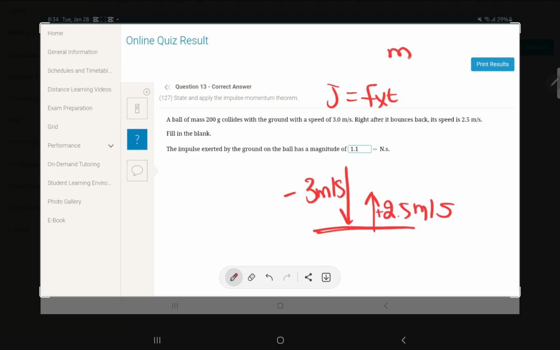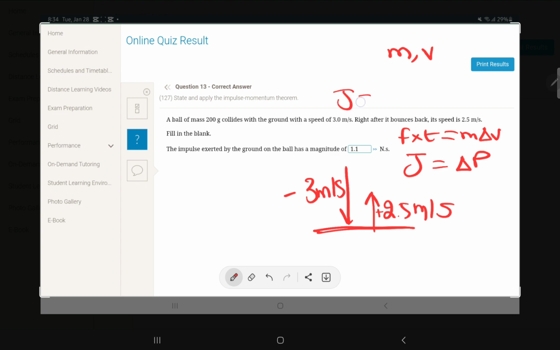But here we only have givens of mass and velocity. Since we learned that the impulse is equal to the change in momentum, we can derive that the impulse is equal to the mass times the change in velocity. Since impulse and momentum change are equal to each other, we can deduce this rule.